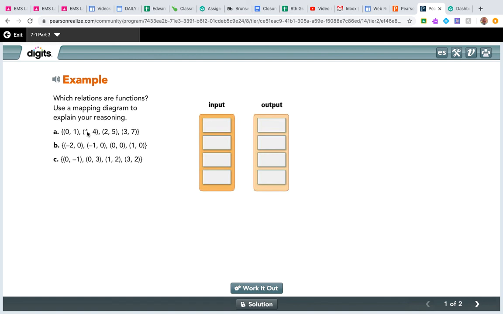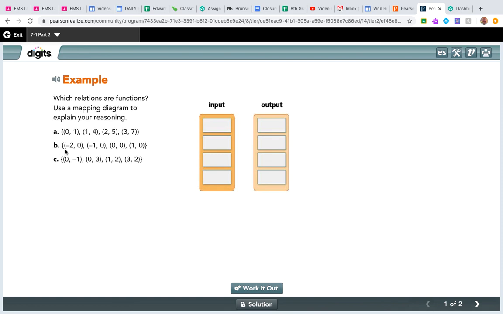This is like Austin going to Burger King. So far so good. 2 going to 5. Well, that's like Aaron going to KFC. And 3, who haven't I mentioned yet? Justin going to Olive Garden. Is it possible for those 4 people to go to those 4 different restaurants at the same time? Sure it is. This is a function.